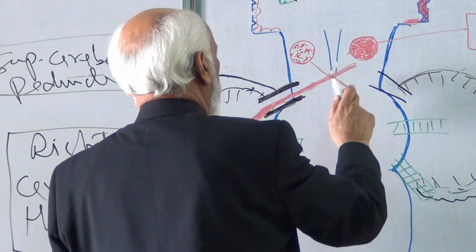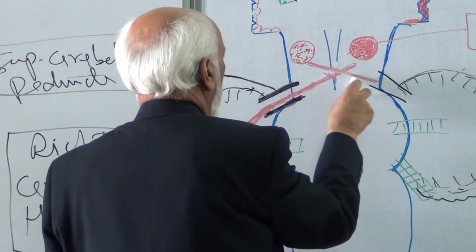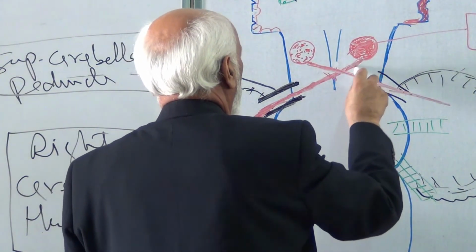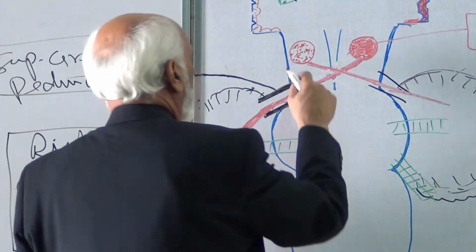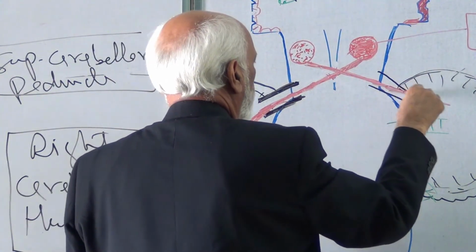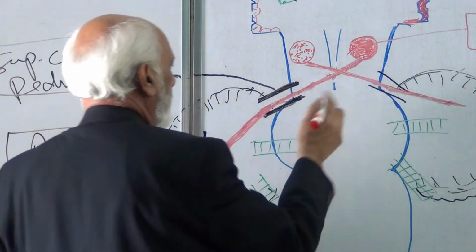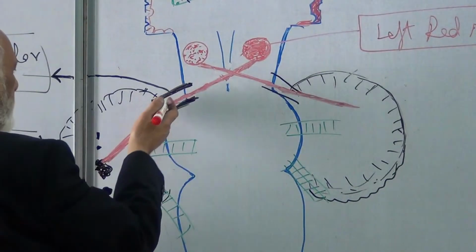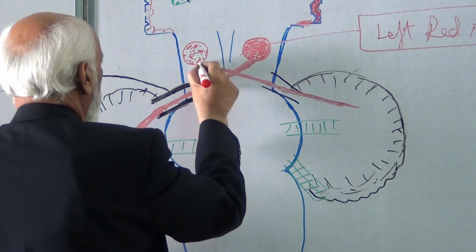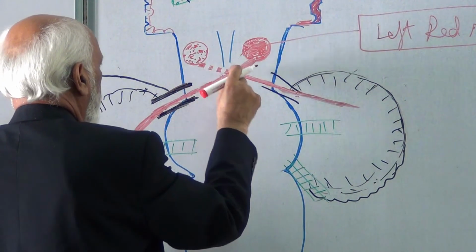These are the fibers from the opposite superior cerebellar peduncle. To differentiate between the fibers of the right and left superior cerebellar peduncles, the fibers from the right superior cerebellar peduncle are shown as a continuous red line, and from the left cerebellar hemisphere as an interrupted red line.